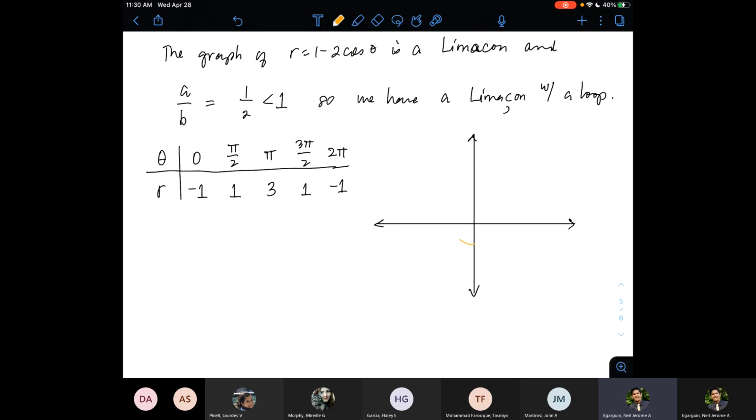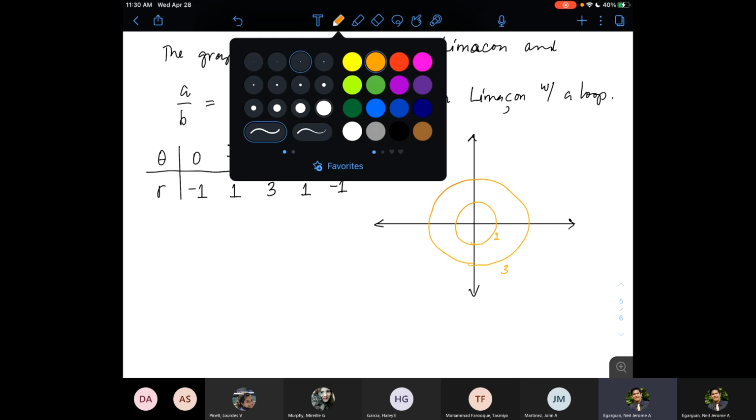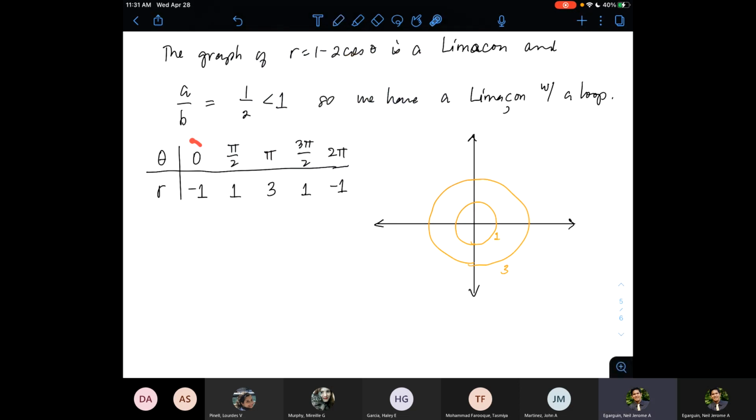I'll use this. So this is radius 1, and this would be radius 3, for instance. Okay. So when theta is 0, the radius should be -1. So this is your theta equals 0, right? But since the value of r is -1, I will not plot at this ray, but I will plot in the opposite direction. So I'm going to go 1 unit in the opposite direction. So that will give me the first point here.